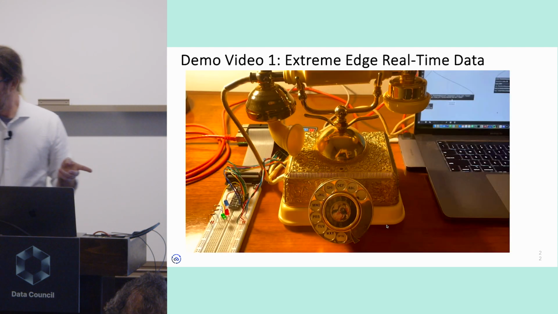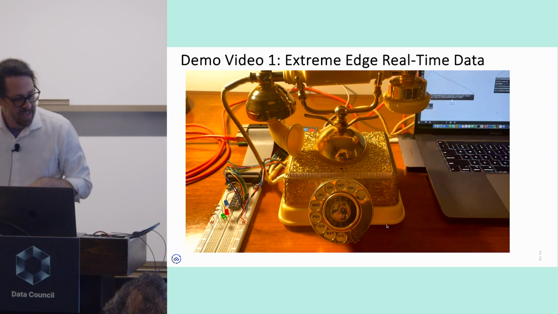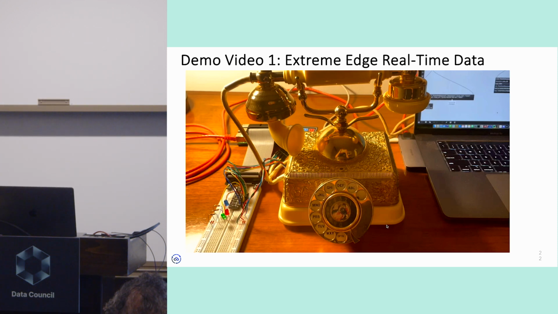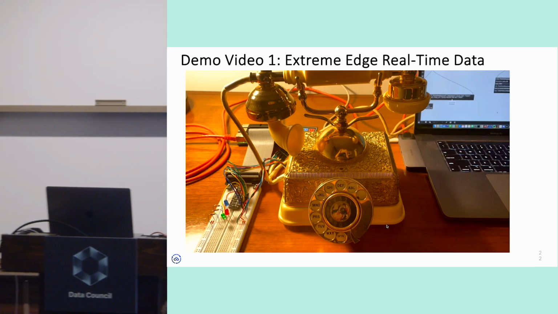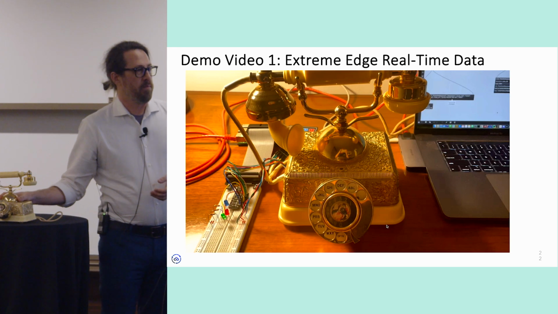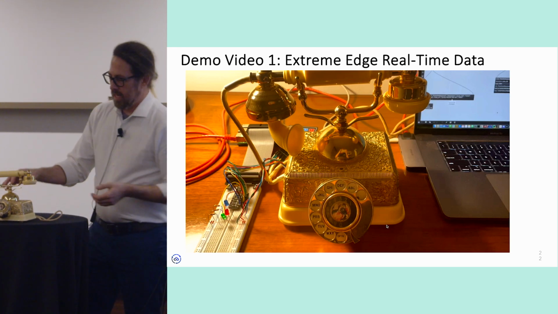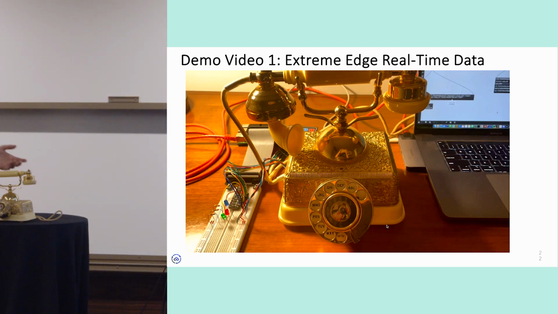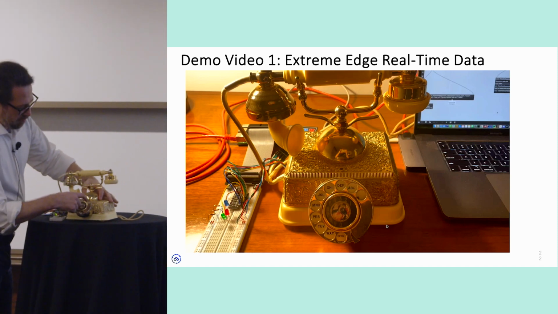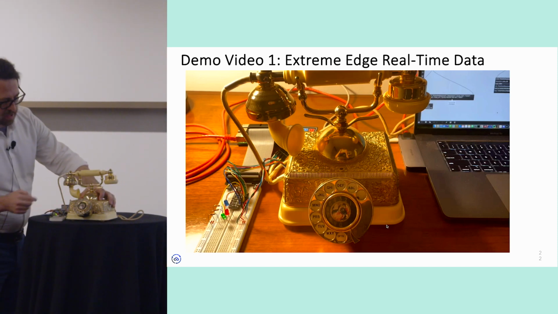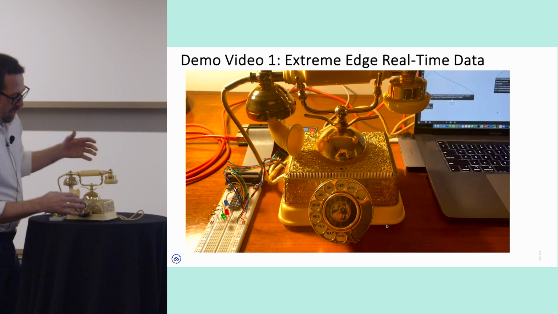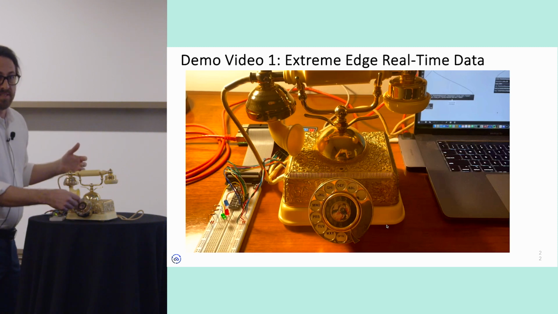So now I want to get into the demo. This is a rotary telephone, a vintage rotary telephone. It's a performance piece that I worked on with one of the members of my music community back in Portland. What we did is we took the pulse dial here and hooked it up to a Raspberry Pi so it'll count the number of pulses so we can send a signal.